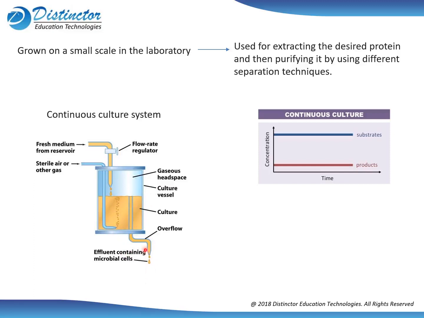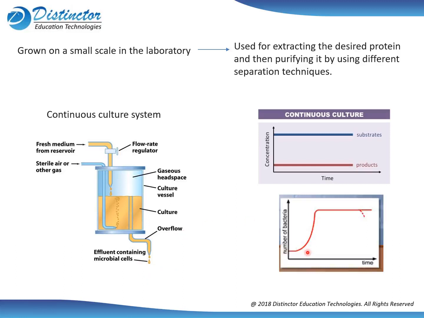With the help of this, we can collect the microbial cells. We continuously input, and we get a continuous output. At the same time we get a larger number of components. The concentration of substrate will be more and the concentration of product will be more. That is why a continuous culture system is used. We continuously input the microbes and continuously remove the products.